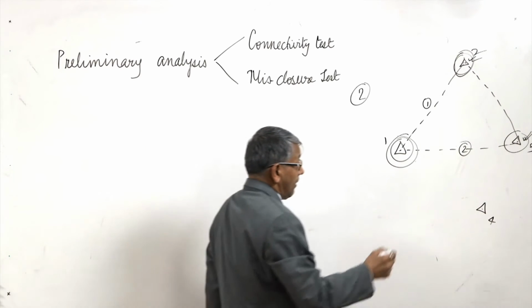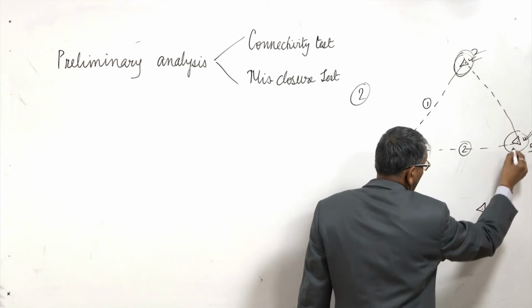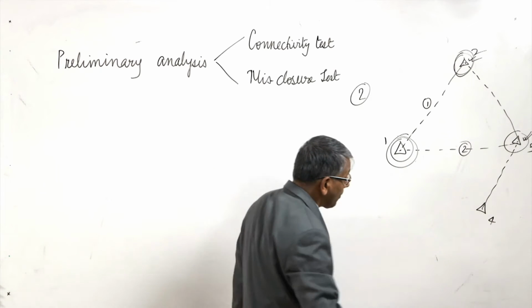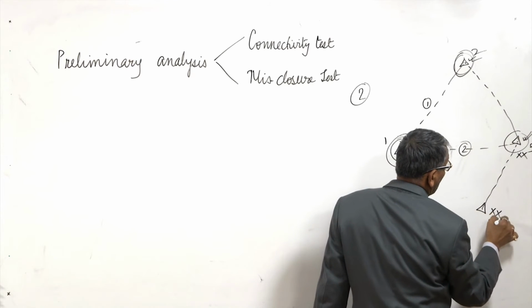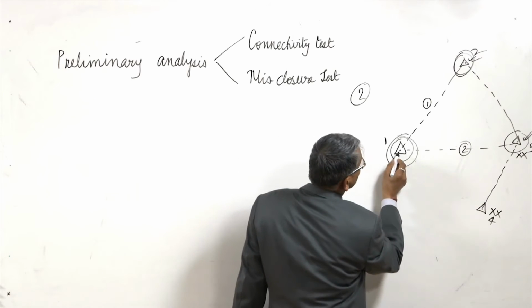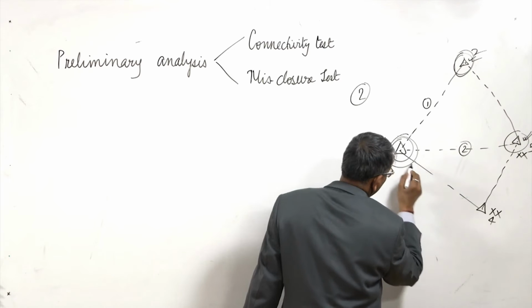Now from 2 I may shift this instrument to 4, and if we take the observation between 3 and 4, then the observation at 4 and 3 will be common, and then the receiver from 3 to 1 I should bring.